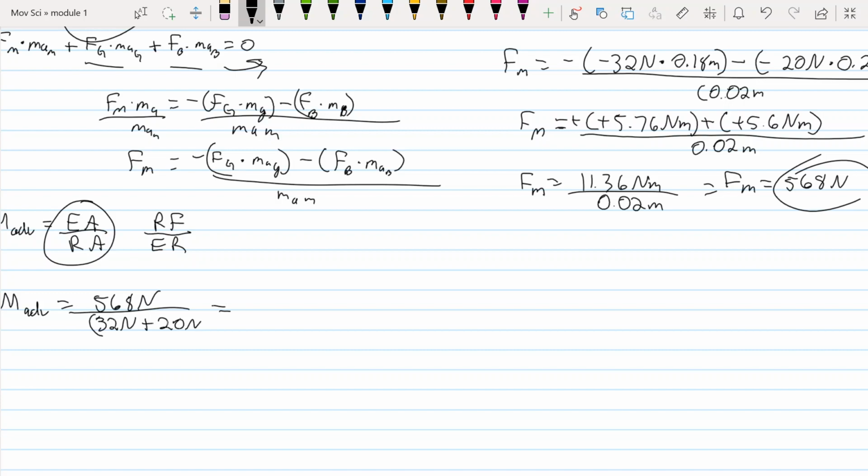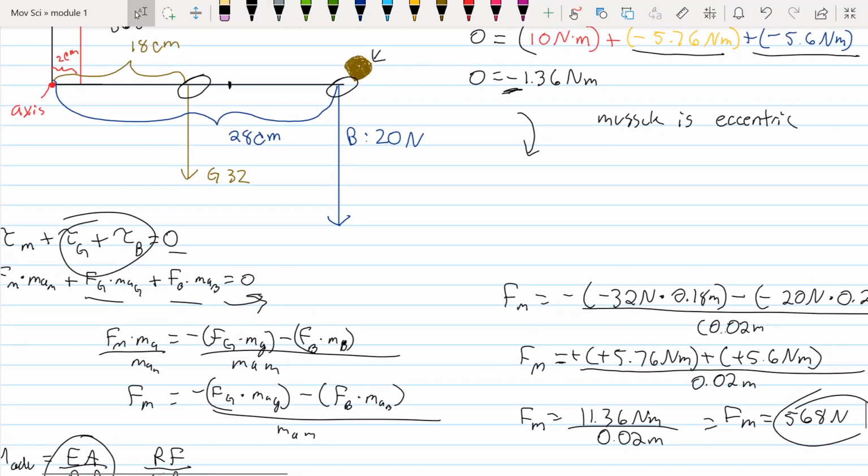So if we calculate that out, 568 divided by 32 plus 20 equals a mechanical advantage of 10.92.